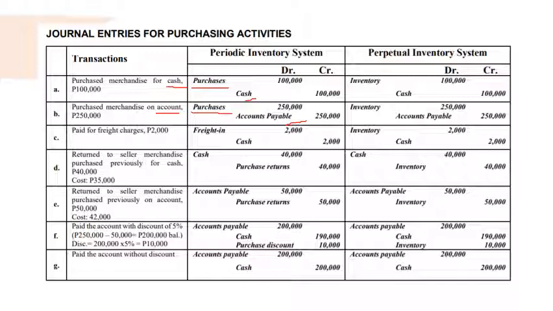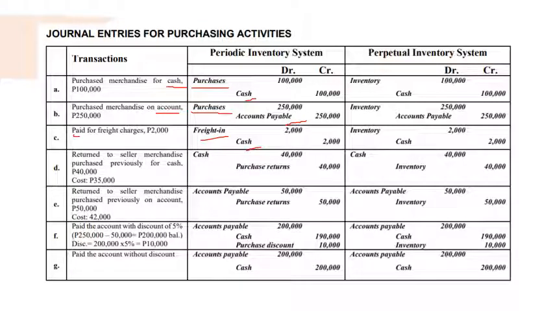If we pay for the freight charges or the transportation cost in order to buy the goods, then we are going to record freight in. And since we paid, that's credit cash.